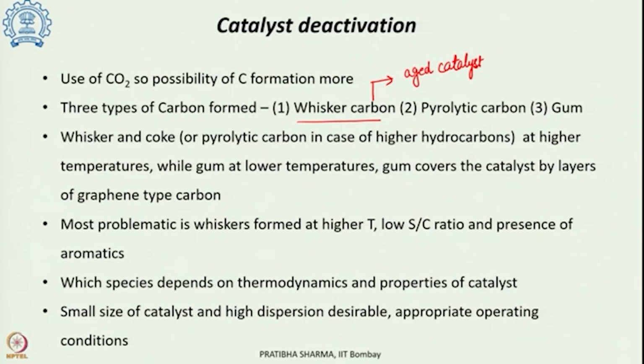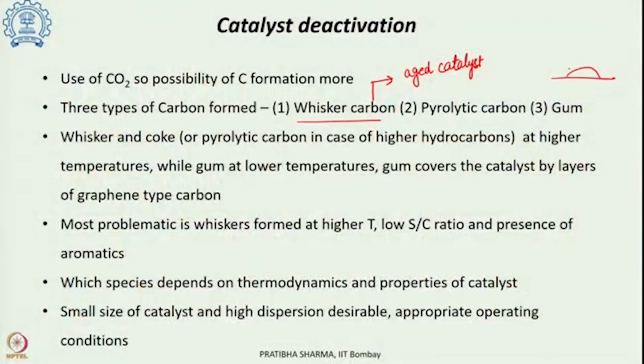The problem with the whisker carbon is that as it is formed on the catalyst surface, it diffuses inside the catalyst and reaches the interface between the catalyst and support, and with time this lifts the catalyst.